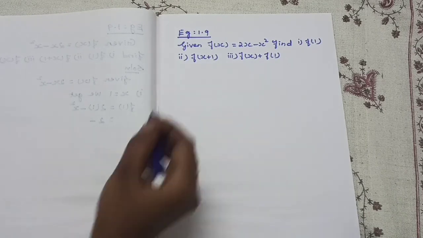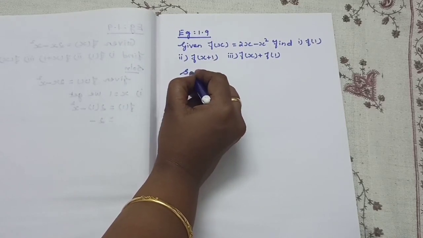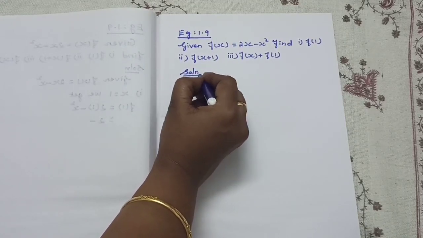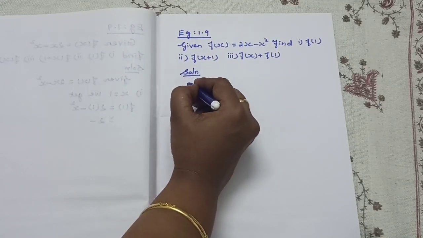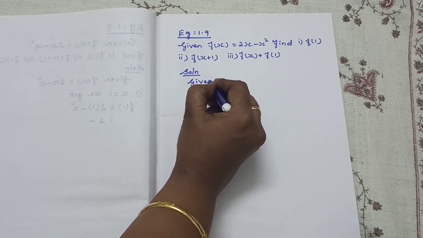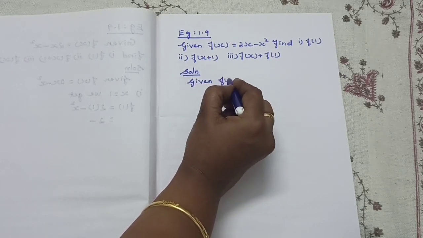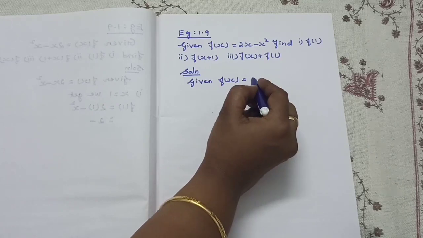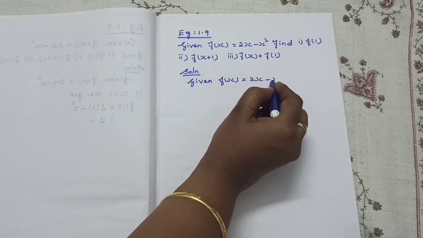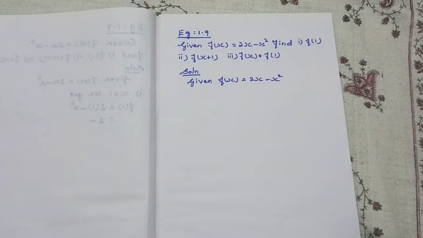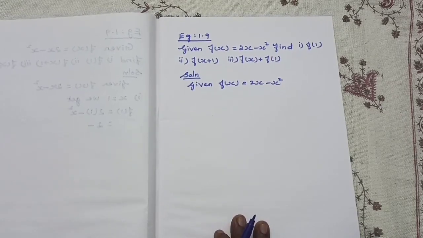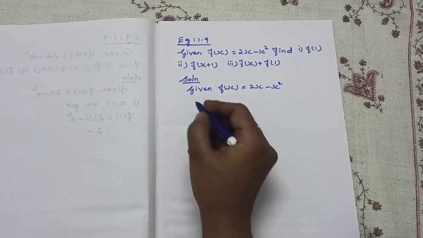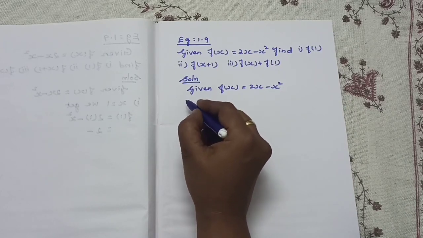Solution: given f of x is equal to 2x minus x square. Then we have to find f of 1, isn't it? Then first one, f of 1.